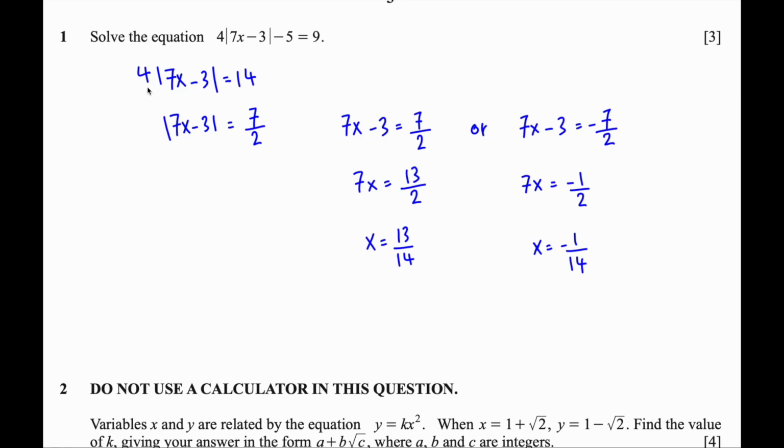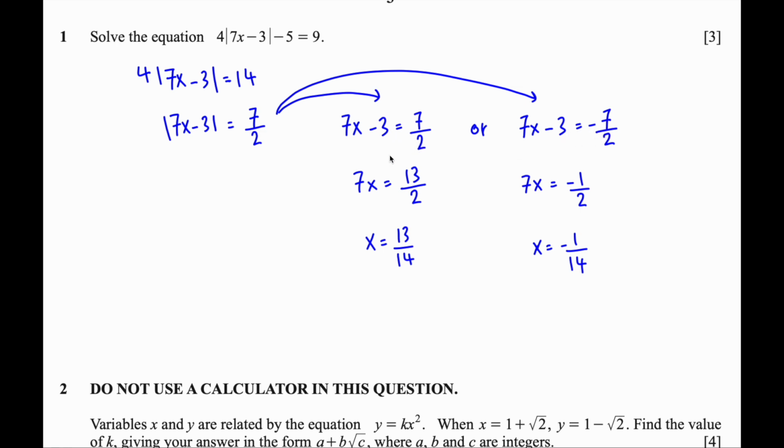Then you have to get rid of the coefficient of the absolute value by dividing both sides of the equation by 4, which results in having 7/2 on the other side. And then from here you have two choices. Either the left hand side is equal to the positive version of what you have on the right hand side, which is 7/2, or the negated version of it, or -7/2.